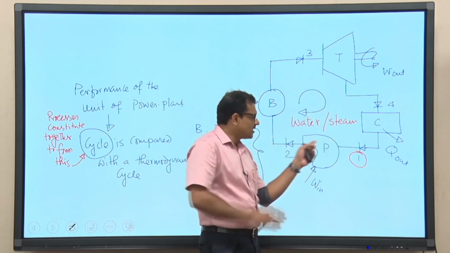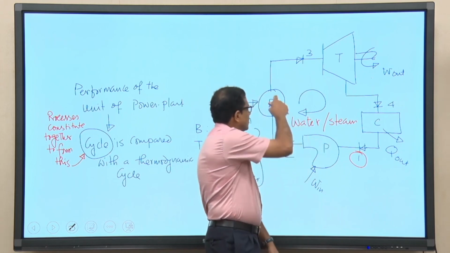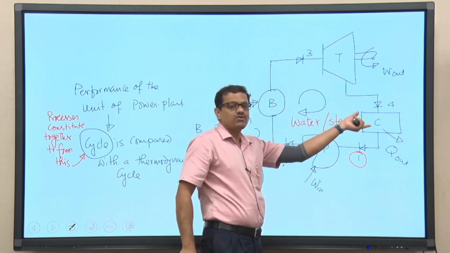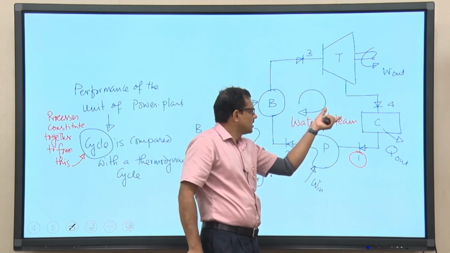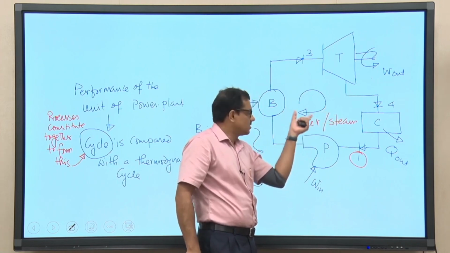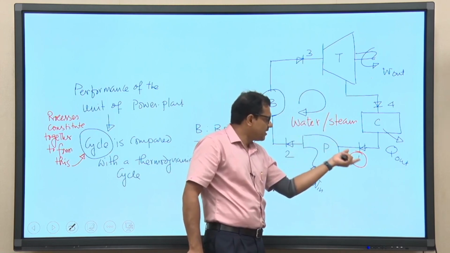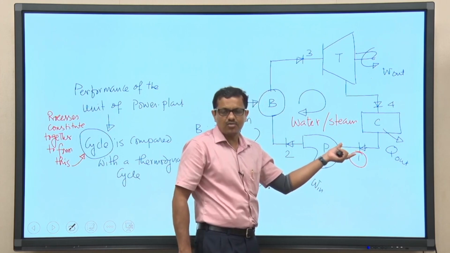So basically the working substance undergoes through several processes like pumping process, boiling, and then expansion, finally condensation. All these processes are executed using either water or steam, but eventually at the end of the cycle again we are getting water. So, it is a thermodynamic cycle.